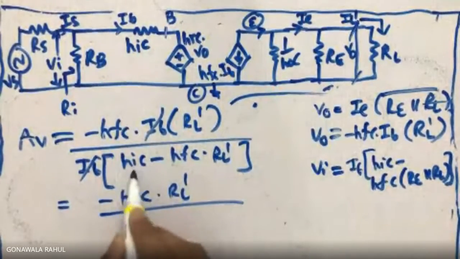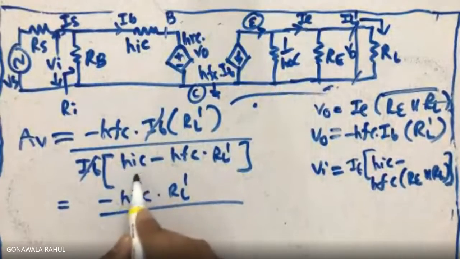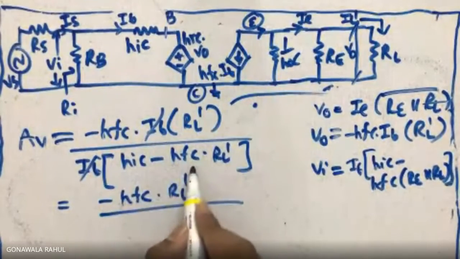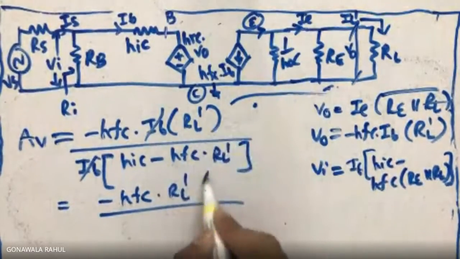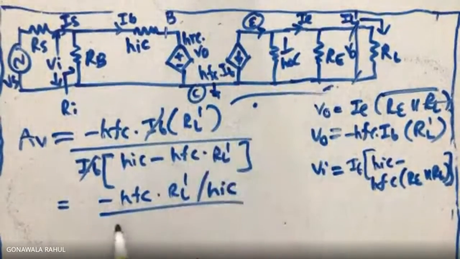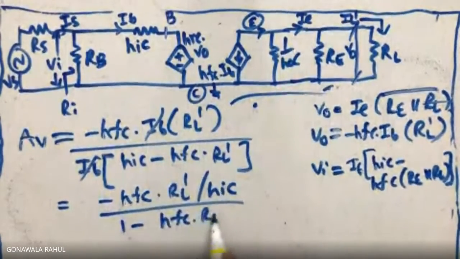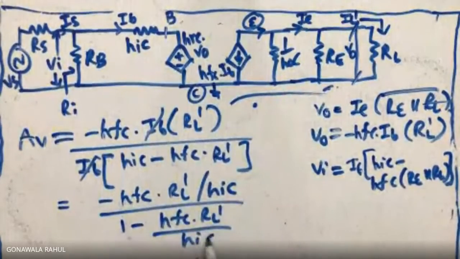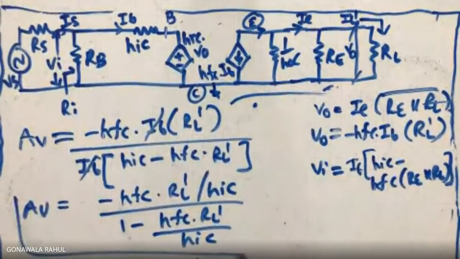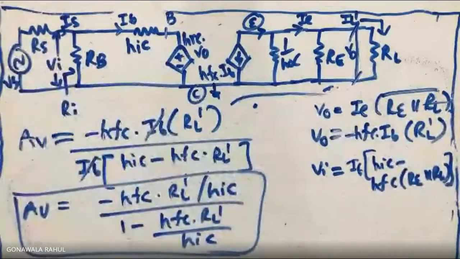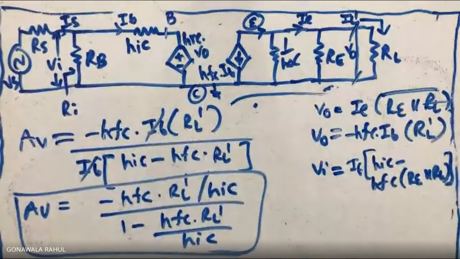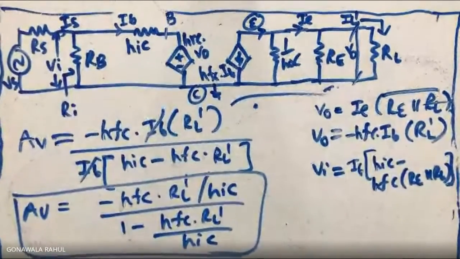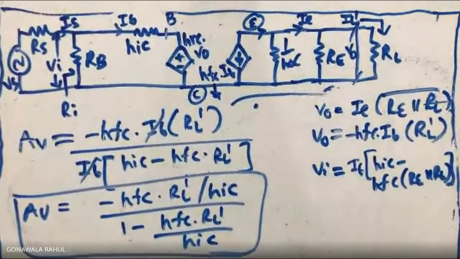This I need as 1, so I will divide this equation by HIC, and hence divide here also by HIC. And here I can write 1 minus HFC into RL dash upon HIC. So this will be my AV, the voltage gain of the circuit. Clear? So this is voltage gain.